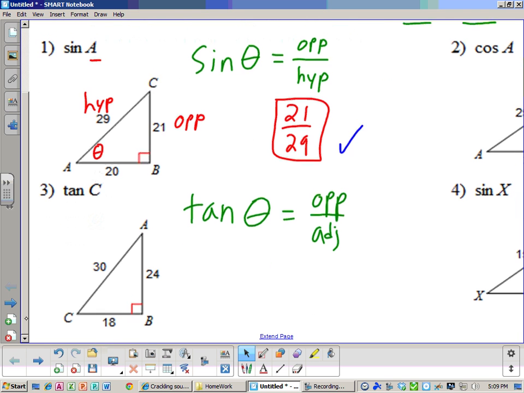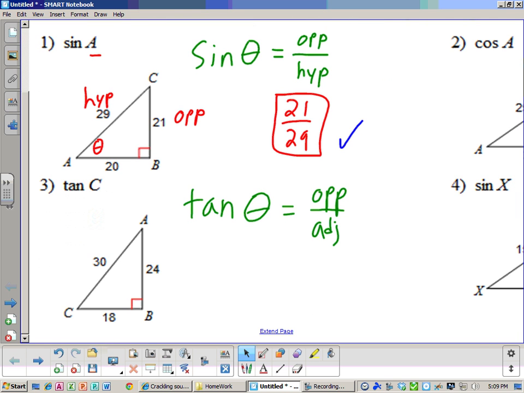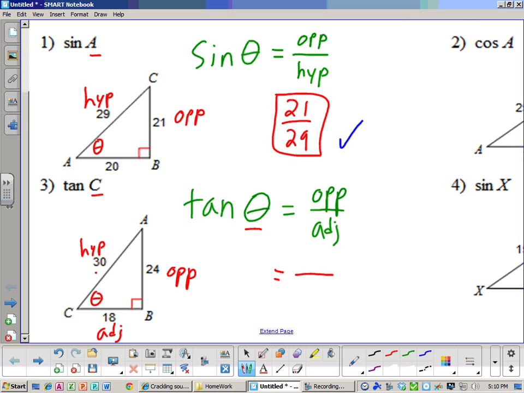So let's look at these sides and see if we can spot those. First things first, the theta is at C, that's our angle, which means that opposite has to be this one, and adjacent is the one close to it. Not this one, because that one's actually the hypotenuse, right? The hypotenuse is the longest side. Don't get those confused. So I'm going to say here, then, which is equal to what over what?